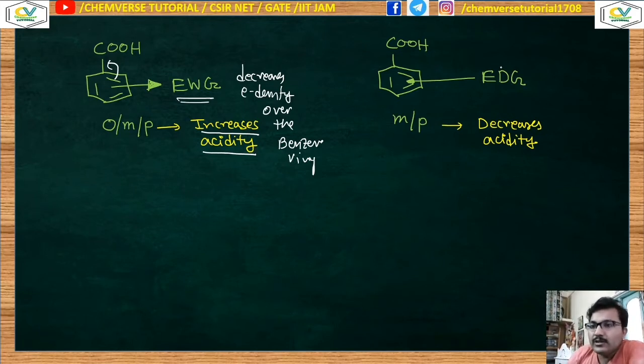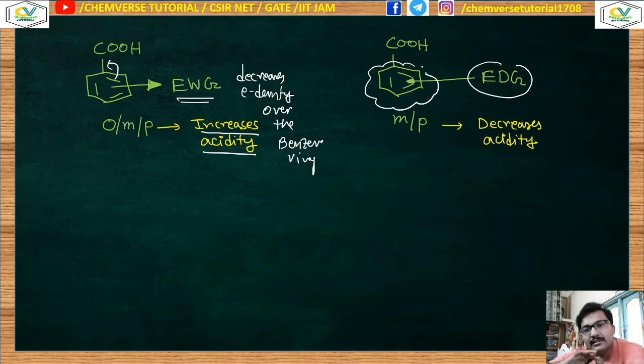Similarly, if an electron donating group is present, that will increase the electron density over the benzene ring, and that will lead to more and more electron donation to the CO2H group. More electron donation to the CO2H group implies the ease of proton donation decreases, so acidity decreases.